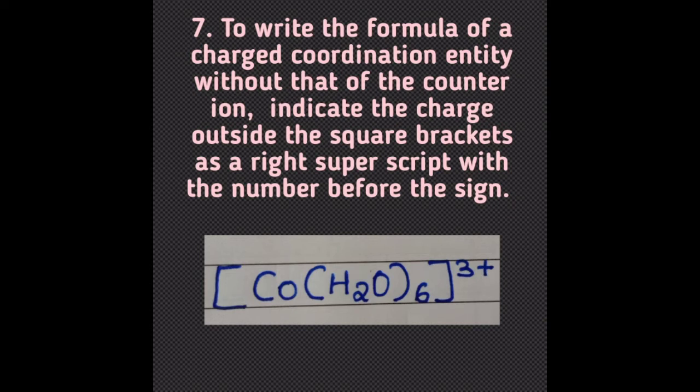If you write Cl3 outside the coordination sphere, where Cl has a negative charge, that 3 plus charge will get cancelled and you will get a neutral coordination compound. That is the role of a counter ion. If there are no counter ions present, the charge existing on the coordination entity should be shown as a right superscript outside the coordination sphere.